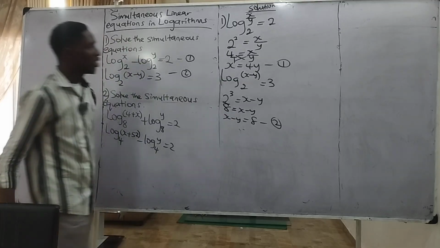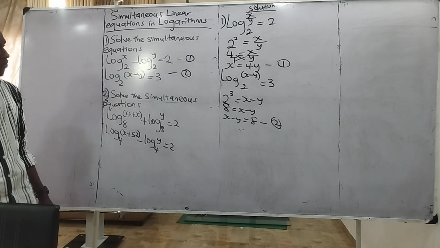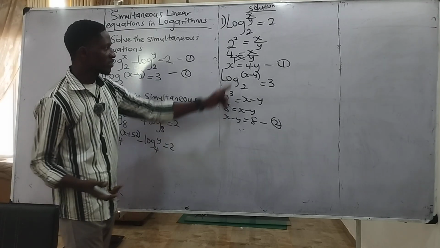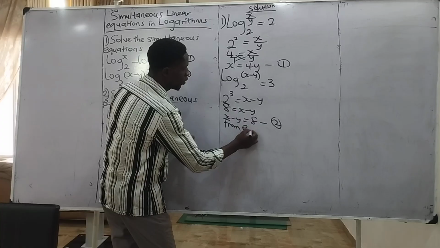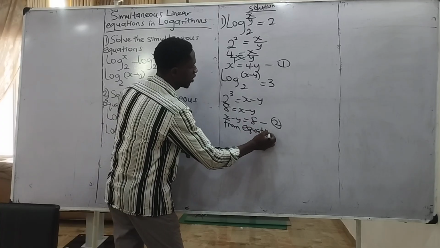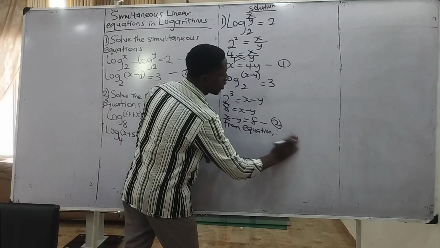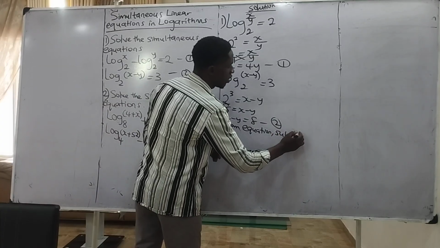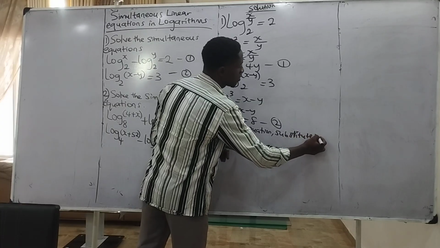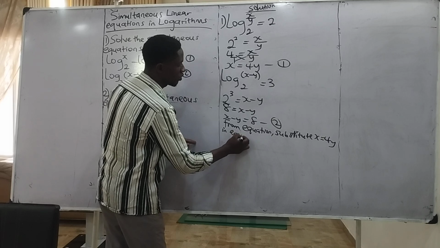Let's bring equation 1 closer to equation 2. First of all, where do we start from? Let's start from equation 1, which is x is equal to 4y. Substitute x is equal to 4y in equation 2.